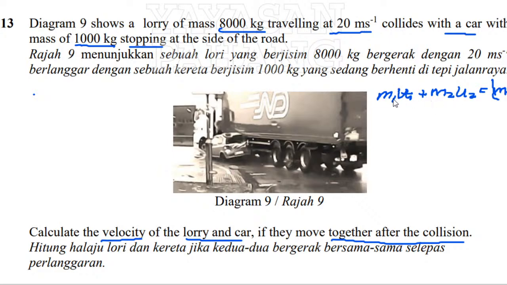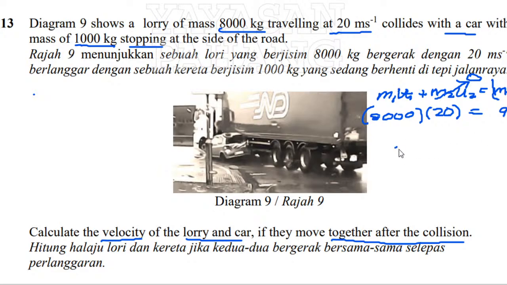Alright, so the lorry is moving, so it means 8,000 kg times the velocity of the lorry, 20. The car is stopped, so the velocity is 0, right? So this one can be 0. Equals, the mass of the lorry is 8,000 plus the mass of the car is 1,000, so here we add, get 9,000, times V. So you can calculate already.